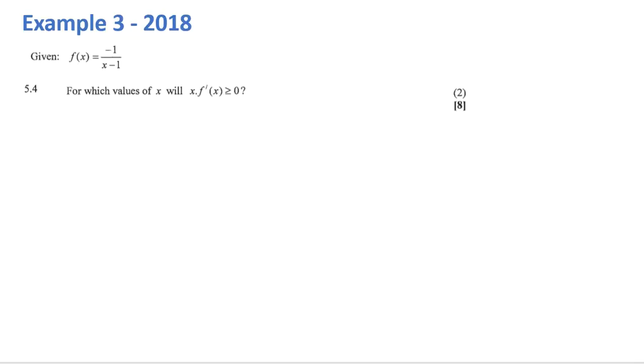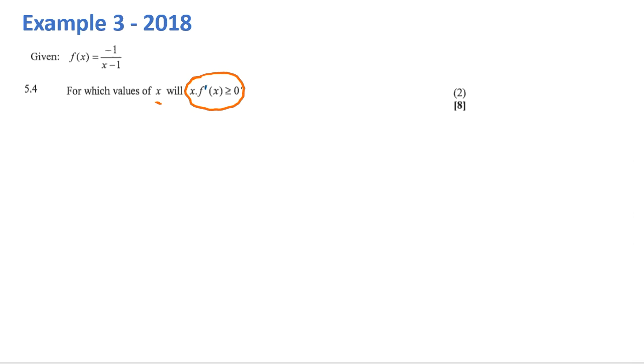And then for the final question, you're asked for which values of x this complex thing is equal to or larger than 0? Okay, by inspection you can see that what I need to first compute is the derivative of this function f of x. Very few marks, so it shouldn't be difficult.